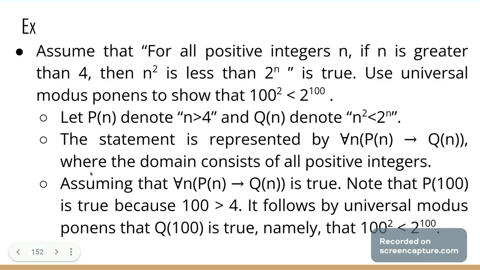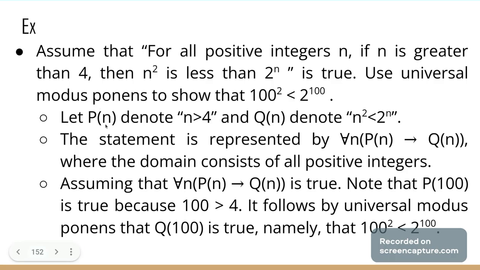Okay, let's just look at an example of universal modus ponens. Assume that for all positive integers n, if n is greater than 4, then n squared is less than 2 raised to n is true. Use universal modus ponens to show that 100 squared is less than 2 raised to 100. So let's begin.